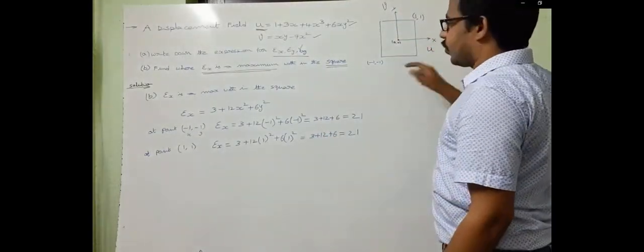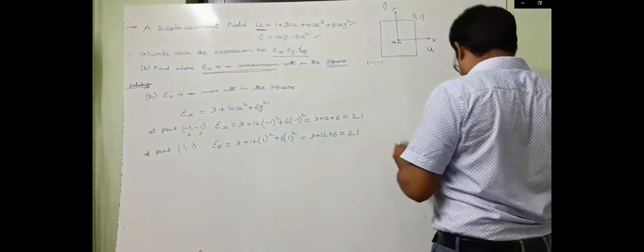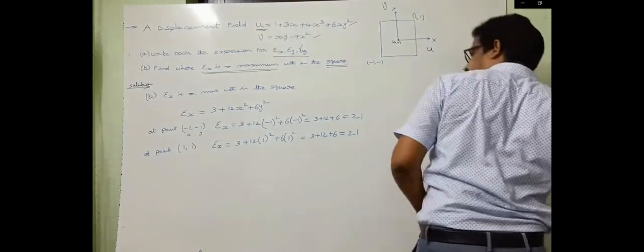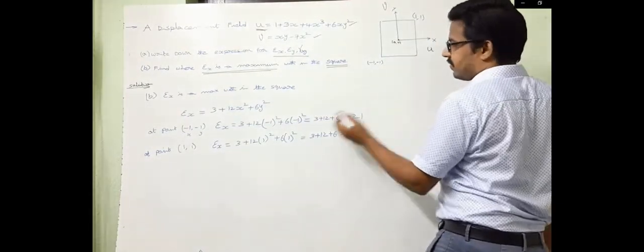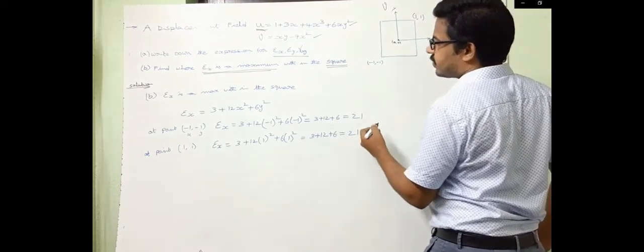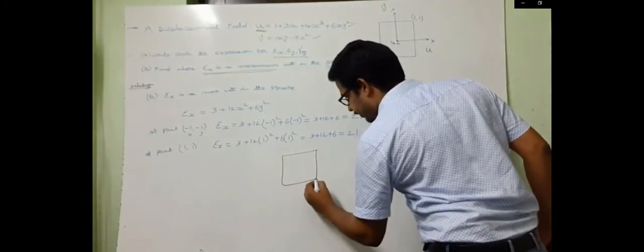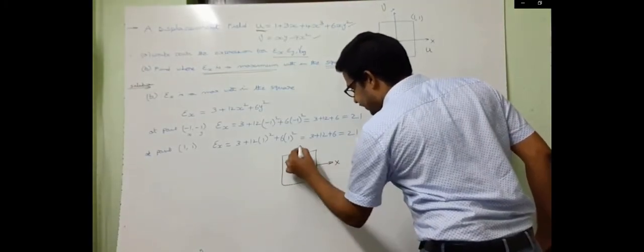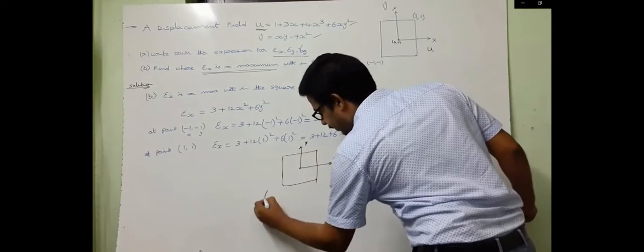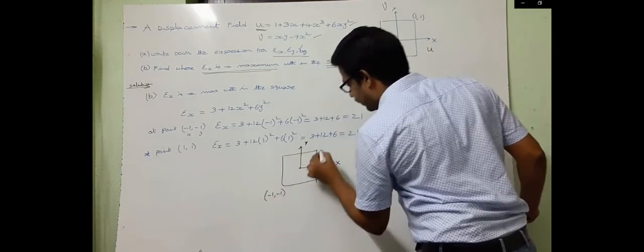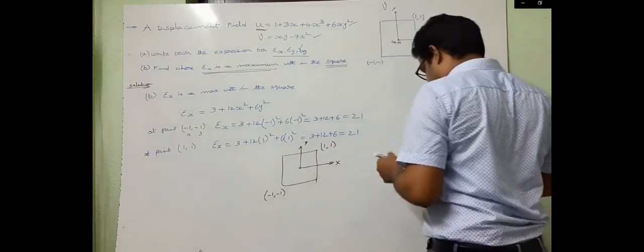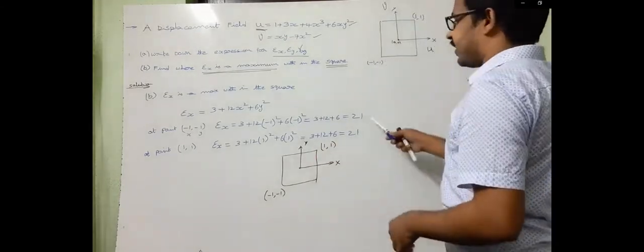So these are the 2 points. On the square with x axis and y axis, these are the points minus 1, minus 1 and 1, 1. We need to check whether 21 is the maximum or not.